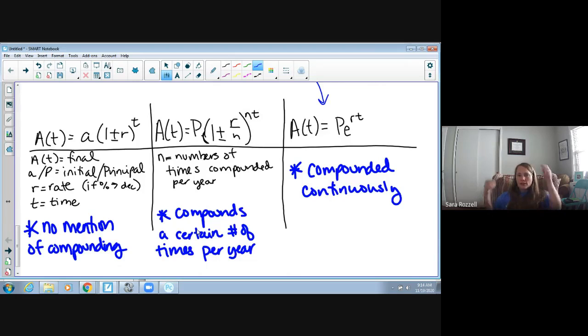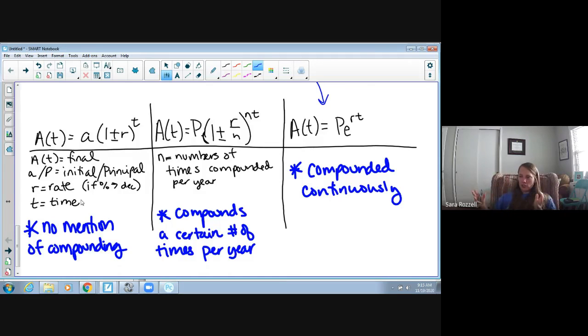No, compounding means, if you have money in the bank and you're letting it sit in there for a couple of years, if we were using our first formula and that was the setup you had, at the end of each year you would get a tally of interest, right? You'd see how much interest you made in that year, and then it would get put into your account, okay?